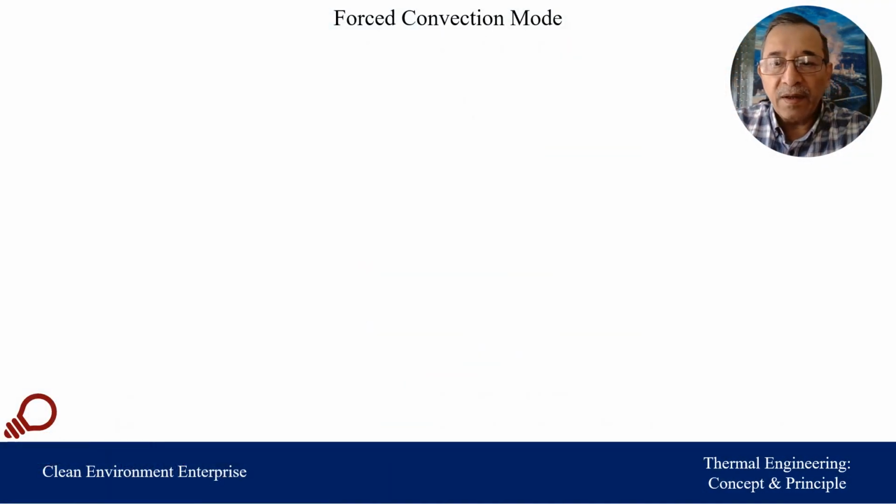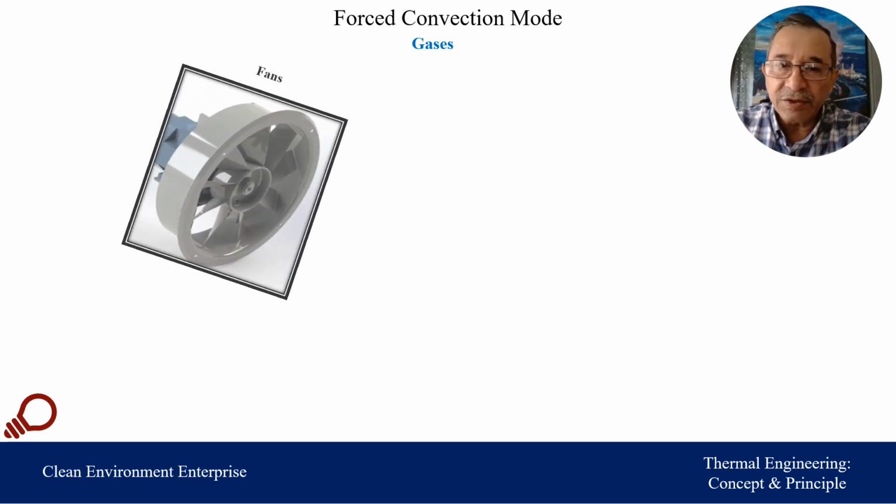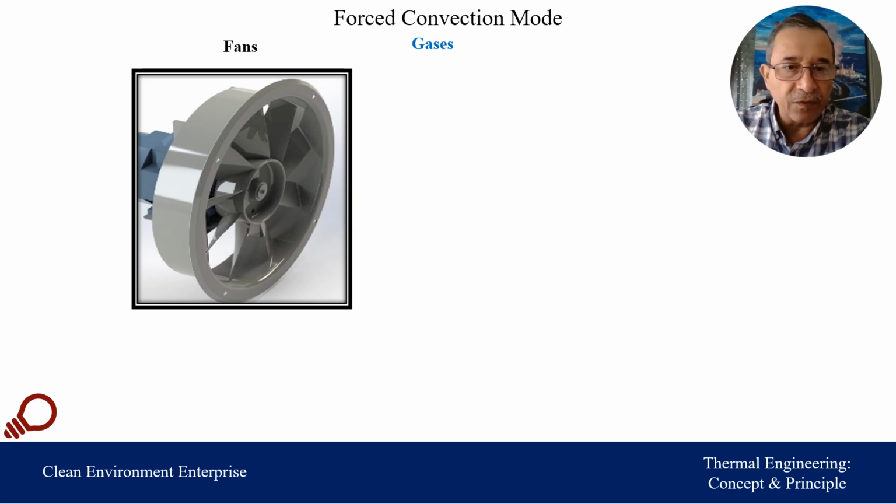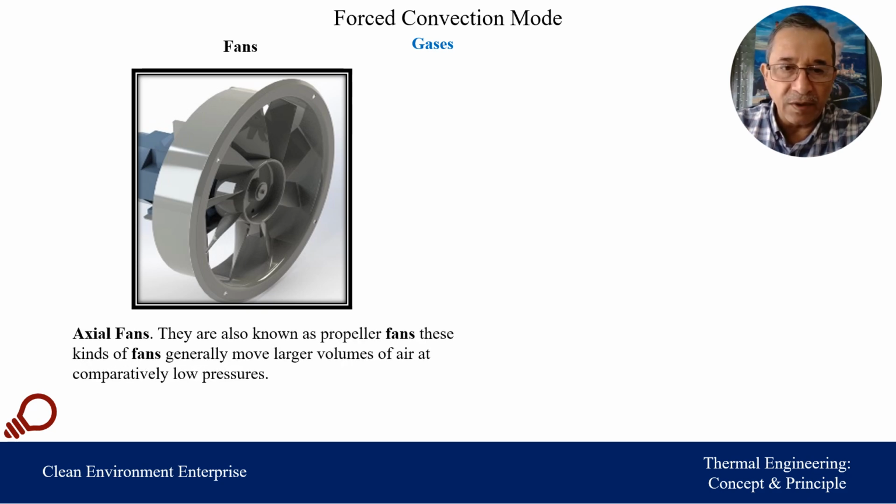We have two main modes, forced convection and natural convection. In forced convection, we use an external power to move the fluid. For gases, we have fans, and this type of fan is the axial type, which can handle a large volume of air at quite low pressure.